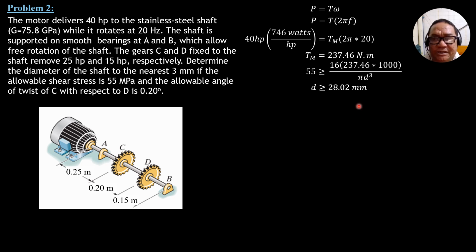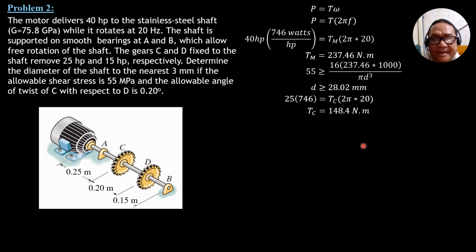Then let's use the other design criterion, which is based on angle of twist. So for the torque at C, the power is 25 times 746, just like above. Torque C times 2 pi times 20, so torque at C is 148.4 Newton meter.